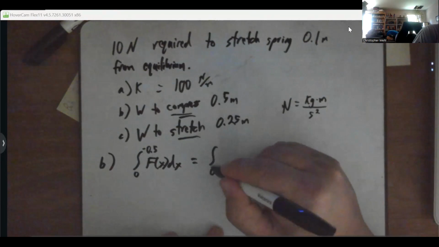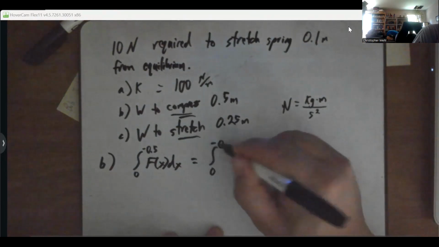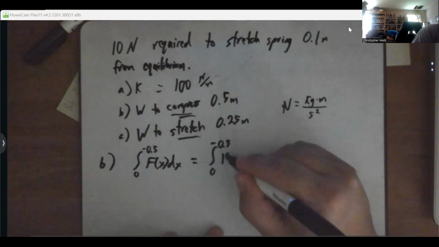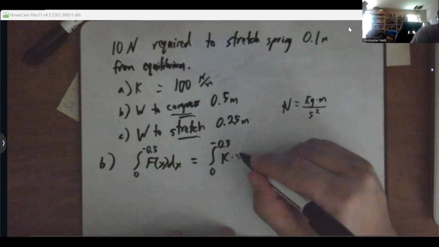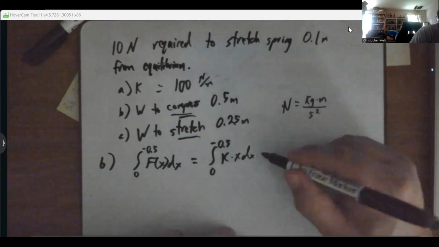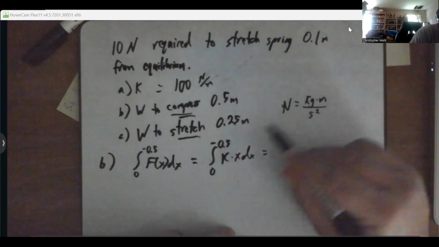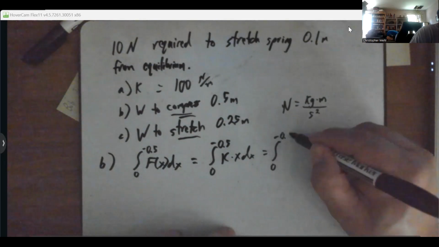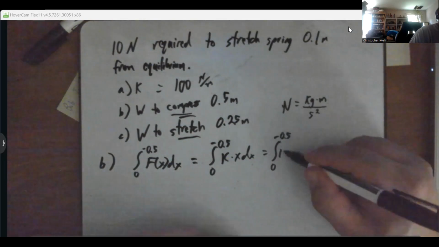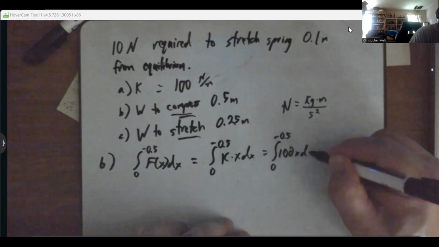So it's the integral from 0 to negative 0.5 of k times x dx, and k we just found is 100, so it's the integral from 0 to negative 0.5 of 100x dx.